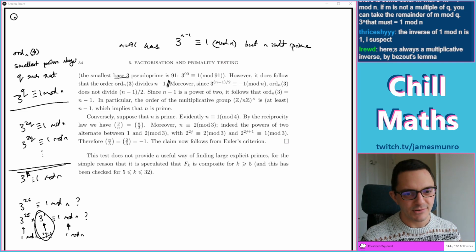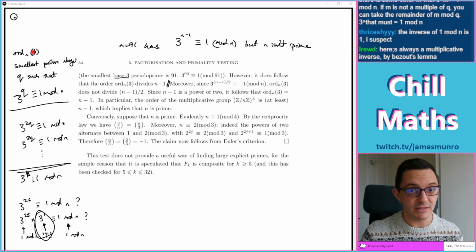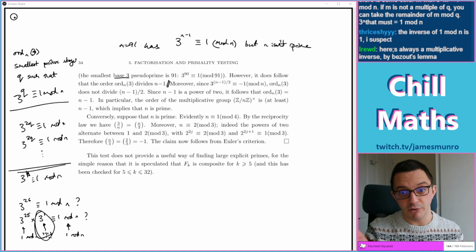So I think that's convincing enough for me to say, aha, once you've decided what the order is, the order must divide any other example where base to the power equals 1 mod n. You just get the multiples and you don't get anything else.